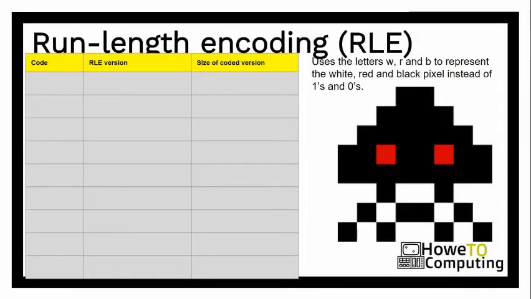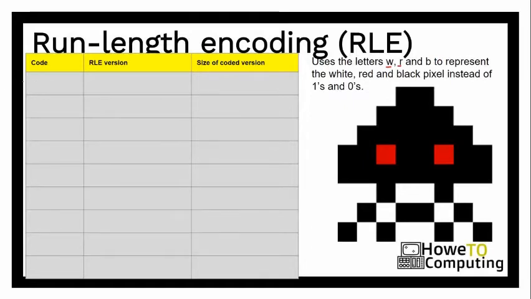Okay, so this is an example of how we could use run length encoding. This is a picture of an 8x8 Space Invader, and each colour should be represented by 1s and 0s, but what we're going to do is illustrate them as letters. So W for white, R for red, and B for black.